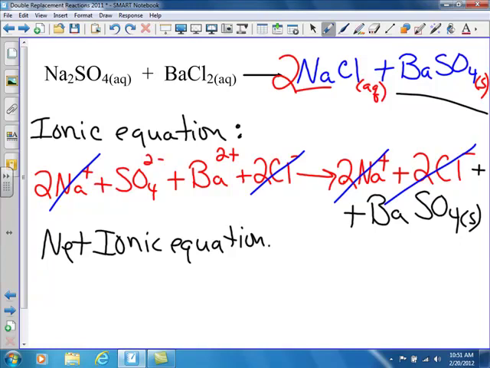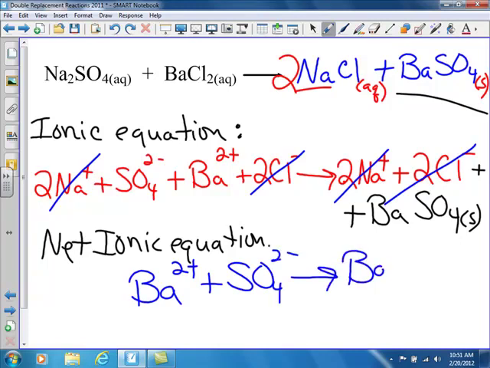So what I have left are the Ba2 plus ions plus the SO4 2 minus ions, and those produce BaSO4 solid. Notice I changed the order of those two, because you should always write positive ions first.